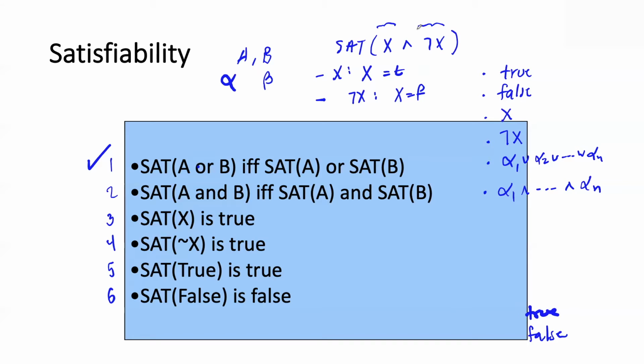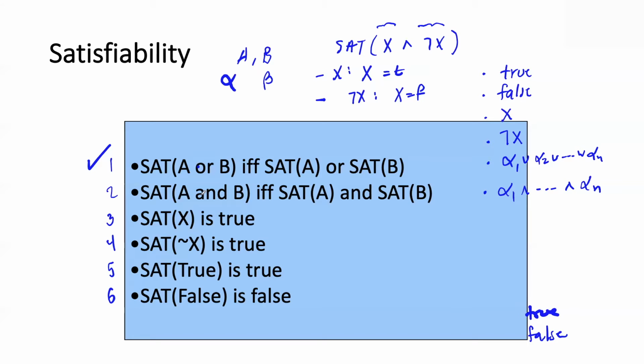But if we have decomposability, what does that mean? That means these formulas A and B do not share variables. So that can never happen. That is, if you go and find a way to satisfy this, a variable assignment, and then you find a way to satisfy that, you can do that so that the solution you found here does not conflict with the solution you found here, and you paste them together and you end up getting a solution for the conjunction A and B. See what's going on?